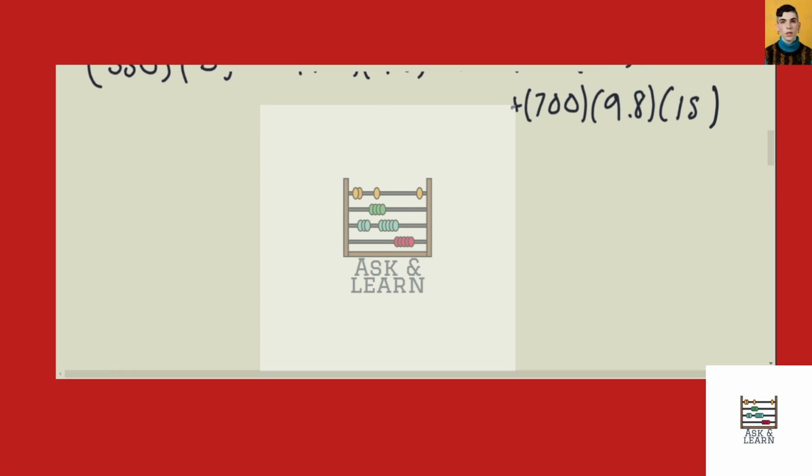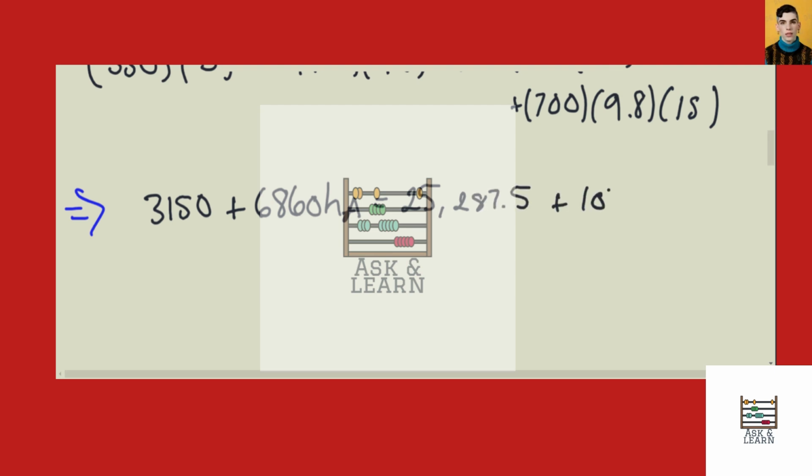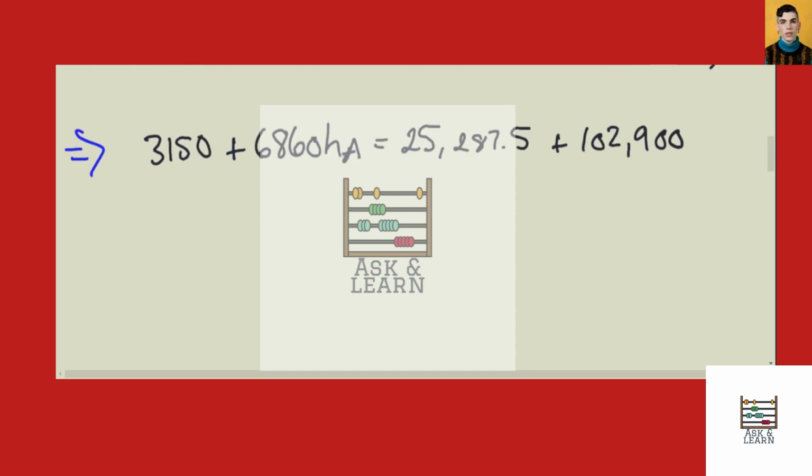So let's clean this up a little bit. On the left we have 3150 plus 6860 HA equals 25,287.5 plus 102,900. So we keep going with this. We add stuff on the right and then subtract 3150.